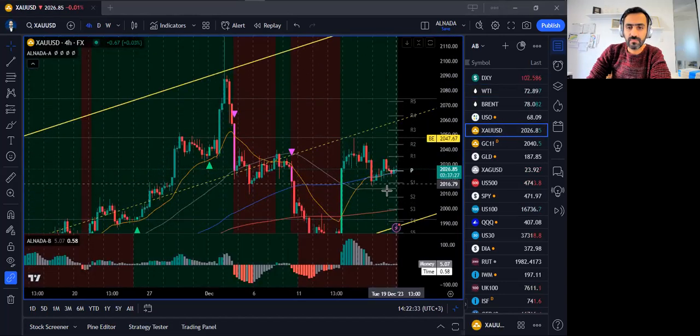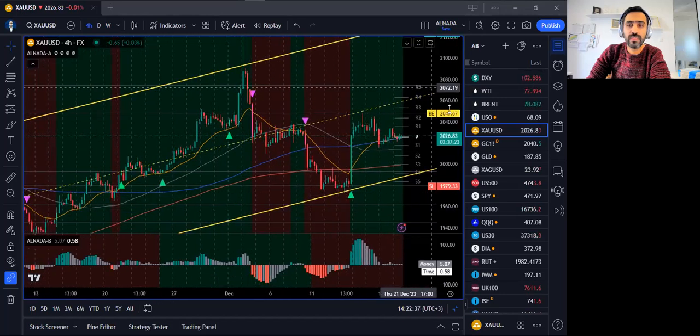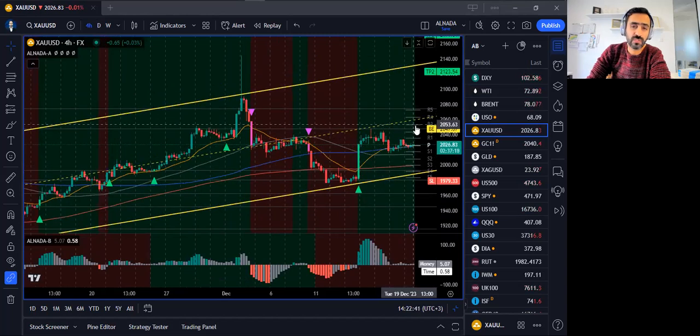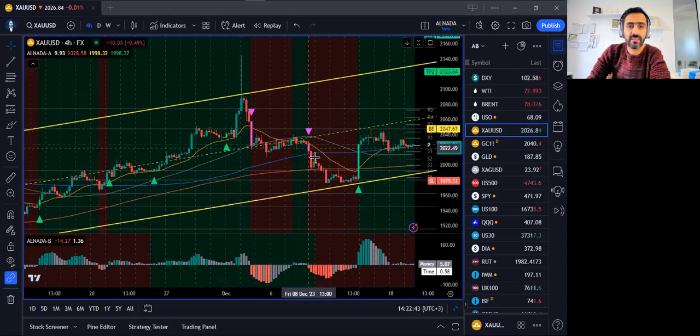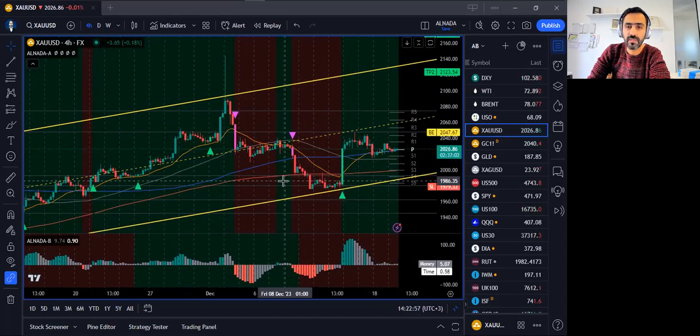Now, let's take one more example. Do we enter all trade signals that appear on the chart? Of course not. We select the best and we ignore the worst or the bad ones. So let's take an example for this trade. Here, I ignored this trade, and here I shorted this trade. Why?